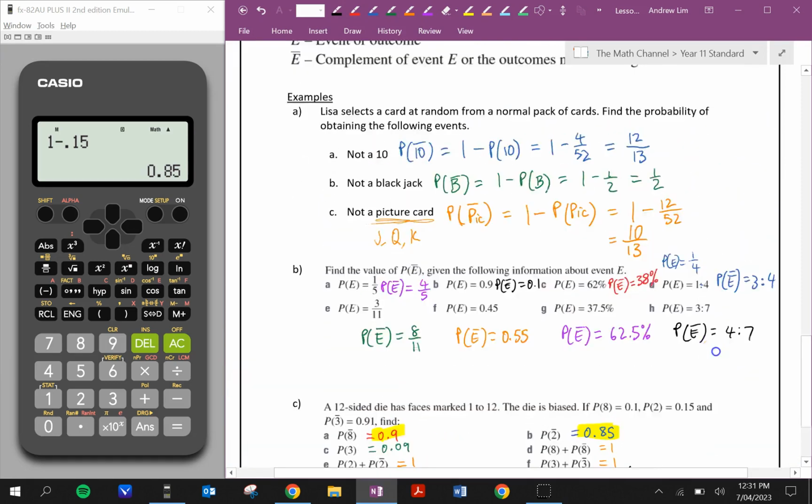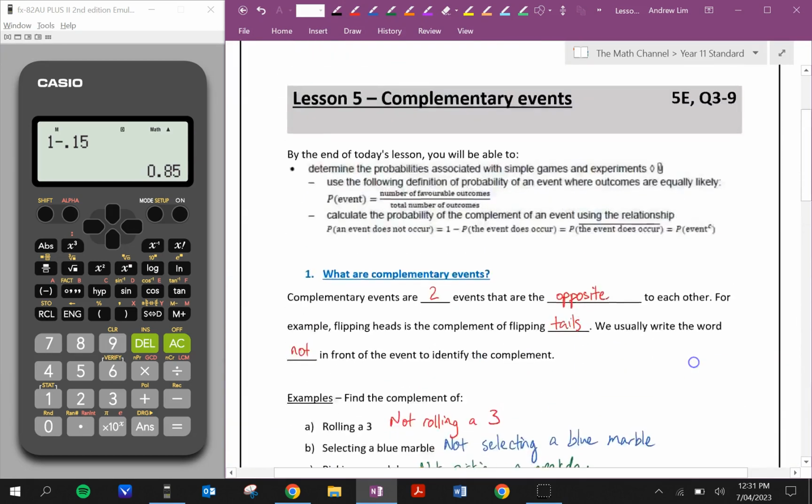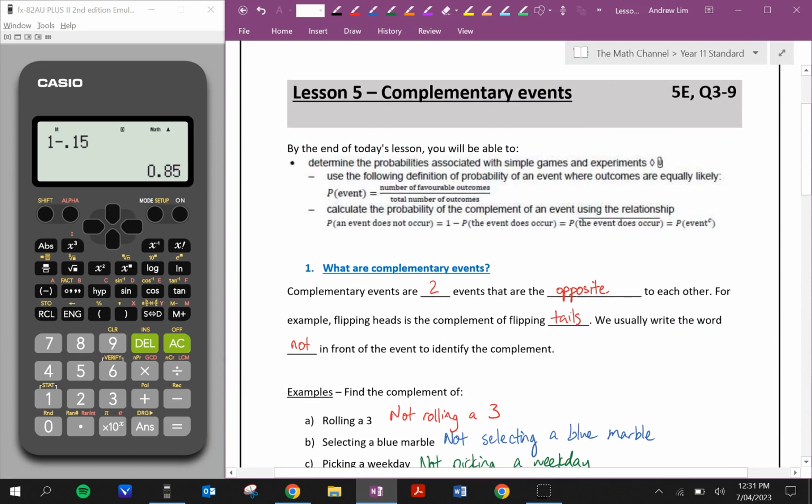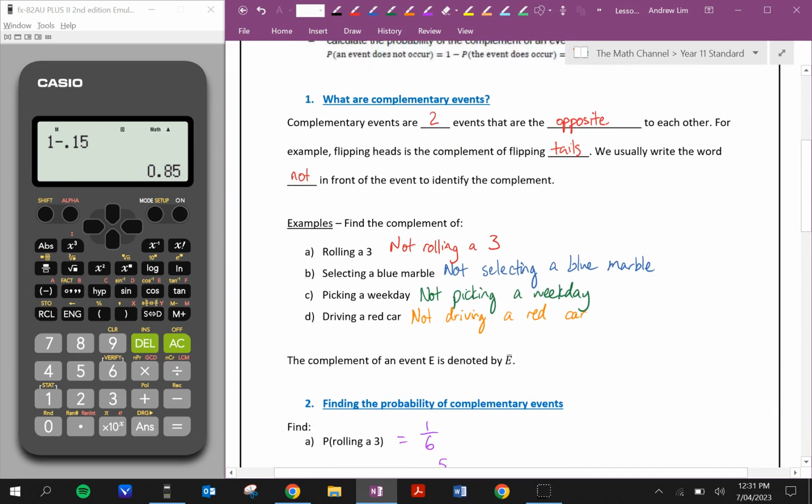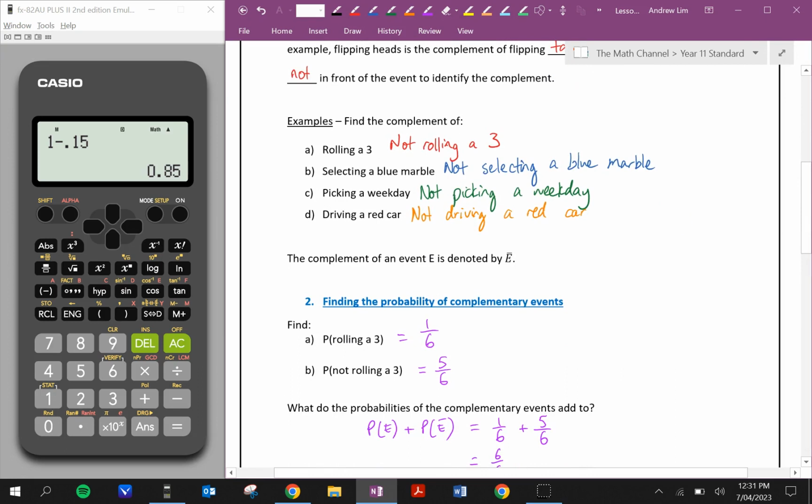All right, so what did we learn in today's lesson? Today we looked at complementary events. We said complementary events are two events that are the opposite of each other. So the quick and easy way of identifying the complement is to just write the word not in front of the event. We use this notation, the bar at the top, to identify that it's the complement.